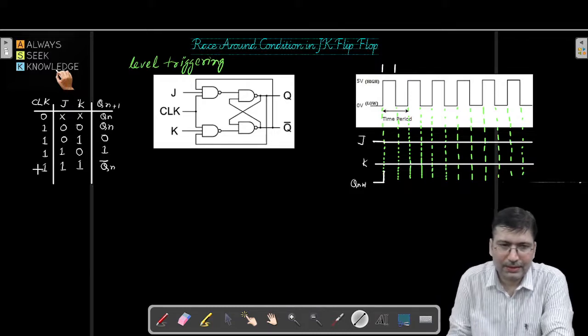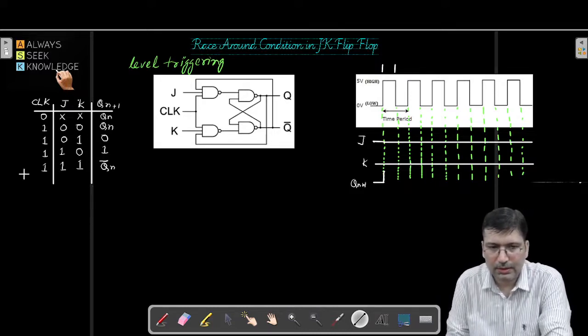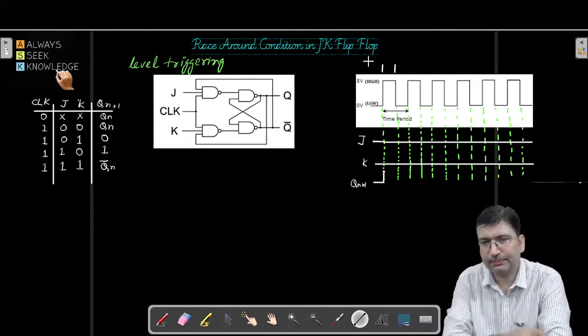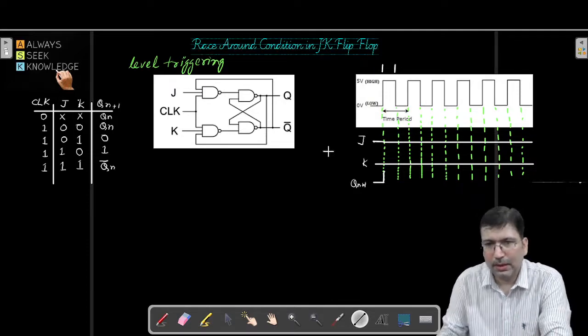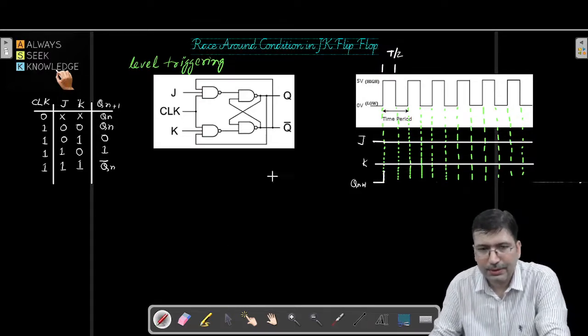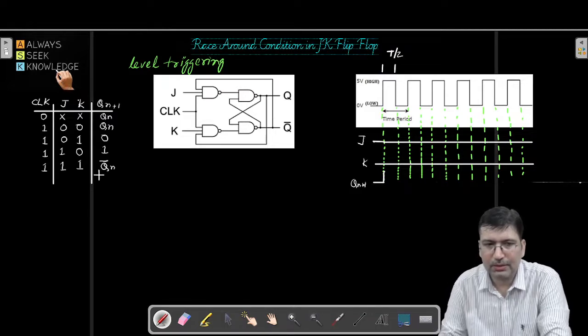So this last condition, which is 1 1 1, is true in this particular duration. And this duration is the half of the time period. So it is T by 2 time. In T by 2 time, this toggling condition is true.